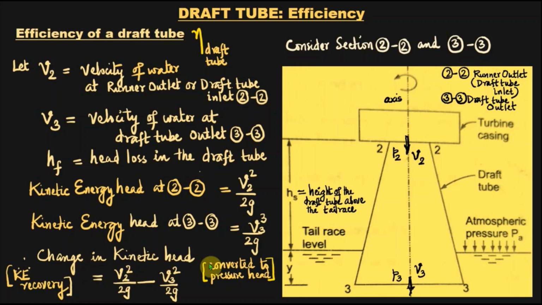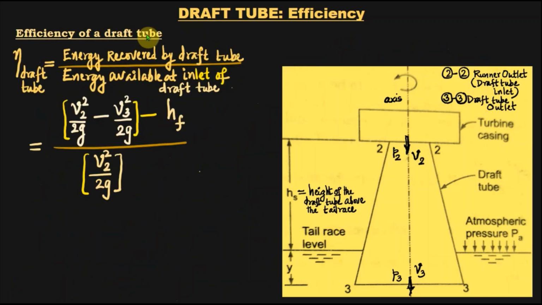Change in kinetic head is V2 square by 2g minus V3 square by 2g. That is in fact the kinetic energy recovery that is being done by the draft tube. In other words, that kinetic energy recovered is converted to useful pressure head in terms of height of the draft tube above the tail race level.